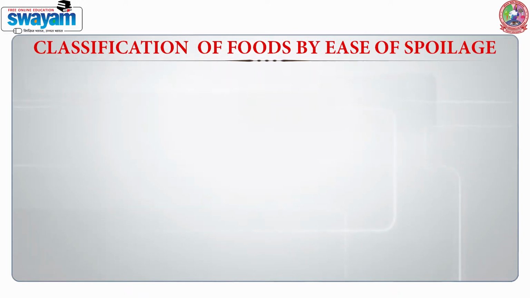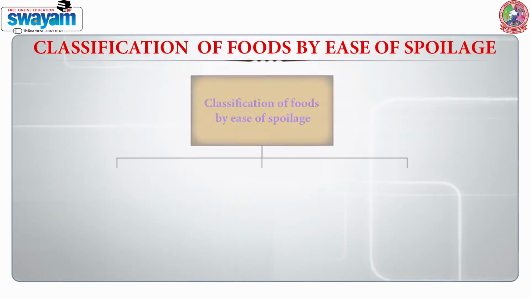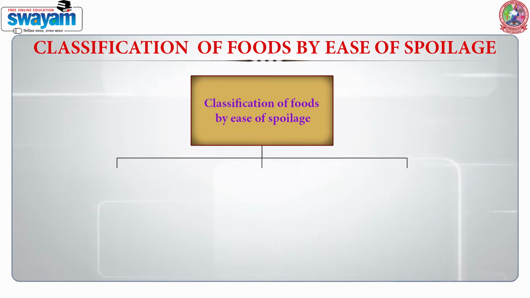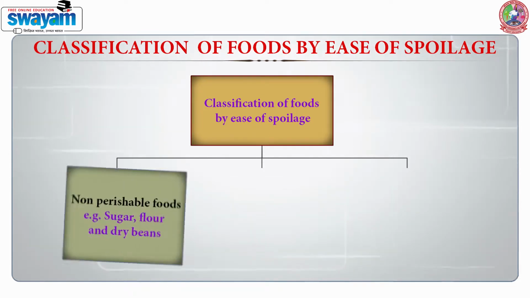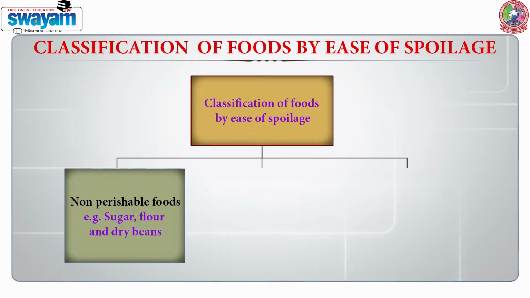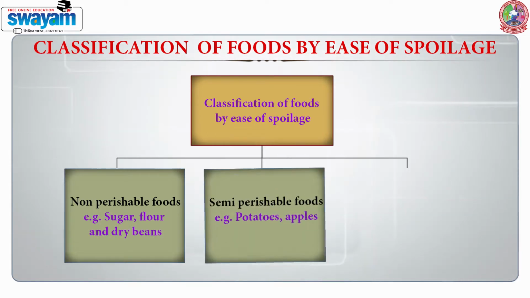Classification of foods by ease of spoilage. Based on the ease of spoilage, food can be classified into three categories. The first one is non-perishable foods such as sugar, flour and dry beans. These won't spoil fast as they have a low amount of moisture. The second category is semi-perishable foods, for example potatoes and apples.